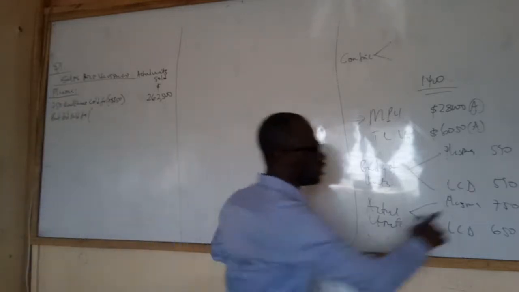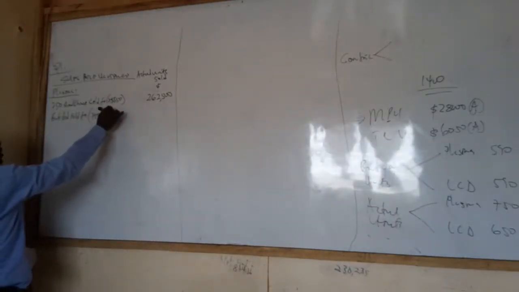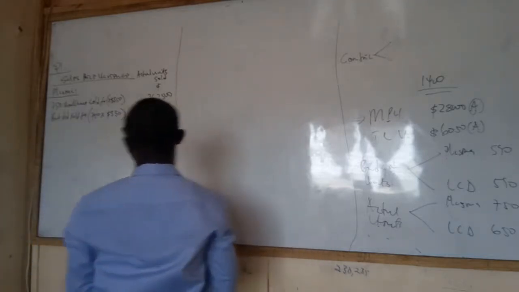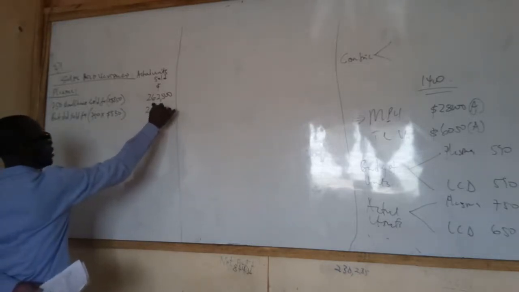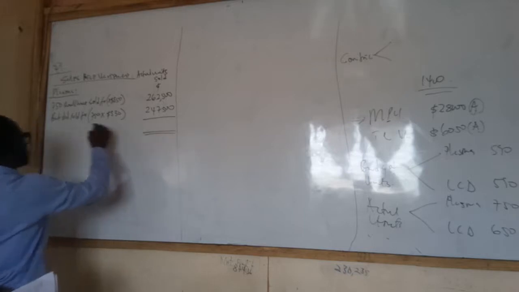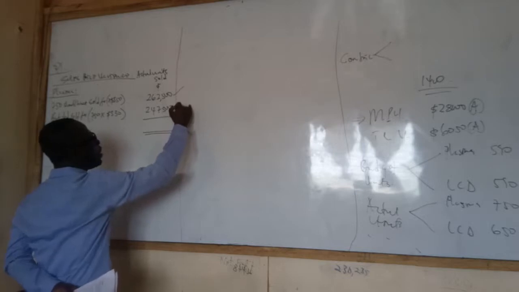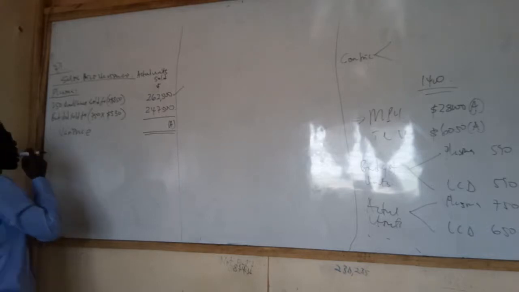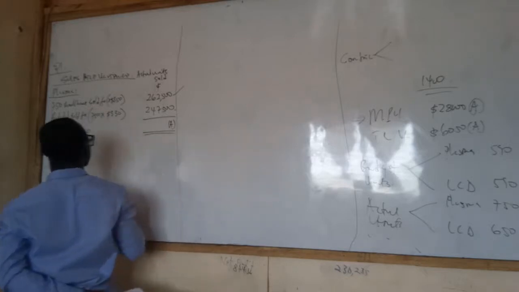But this sold for the actual selling price of 330, so 750 times 330, which is 247,500. Good or bad? We should have had more income, and so it's an adverse variance of 15,000.